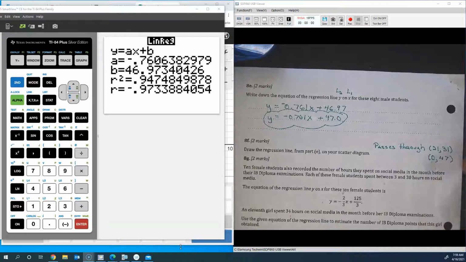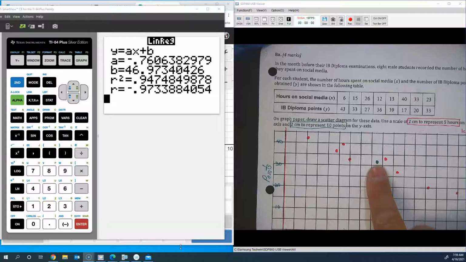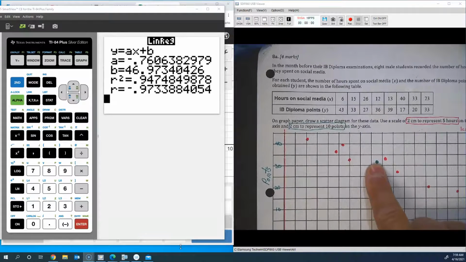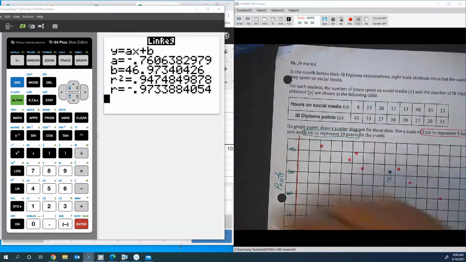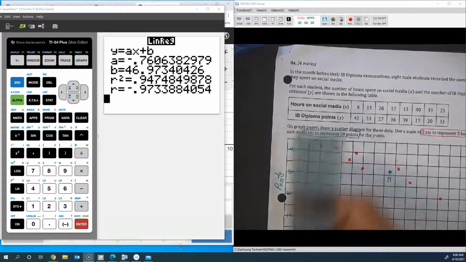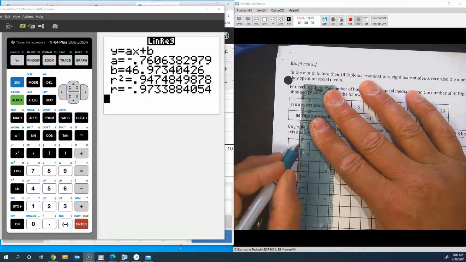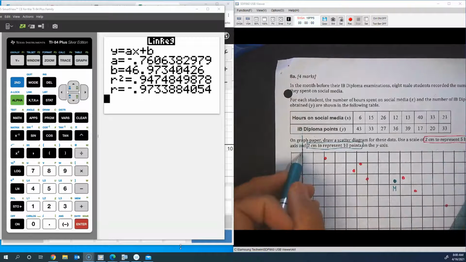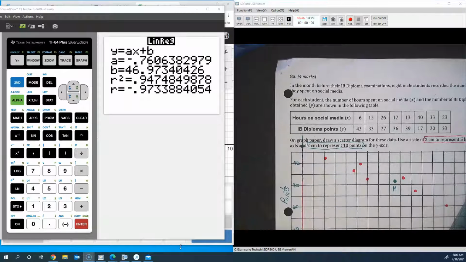I'm going to plot those and then draw the line. I already have M marked. I have to estimate where 47 is: this is 45, so 47 would be about there.